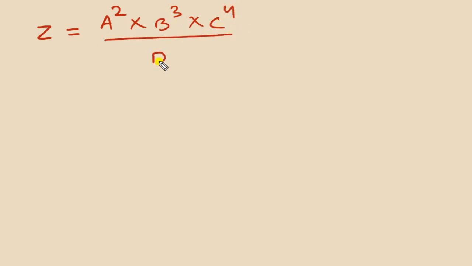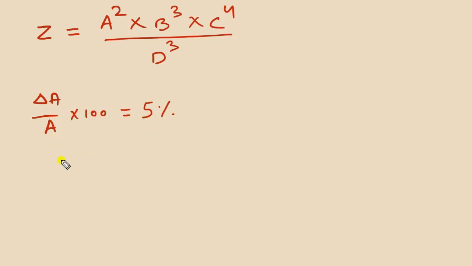Okay, let's take an example. Let's say there is a physical quantity Z which is expressed as a physical quantity A raised to the power 2 multiplied by another physical quantity B raised to the power 3 multiplied by another physical quantity C raised to the power 4 upon another physical quantity D raised to the power, let's say 3. Now it is given in the question that the percentage relative error, that we also call the percentage error in A, that means relative error multiplied by 100, that will give you the percentage error, is let's say 5%.